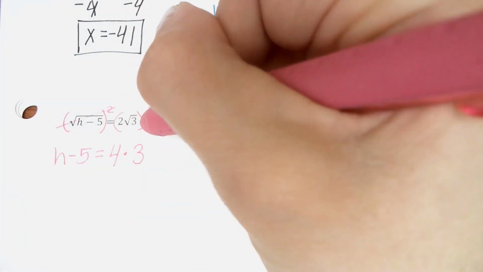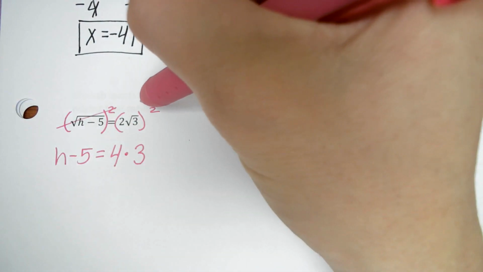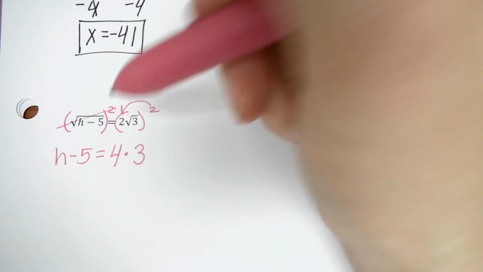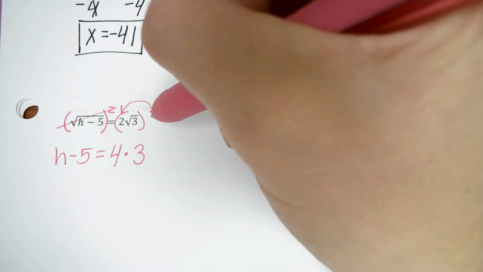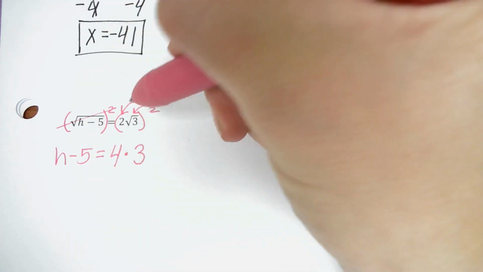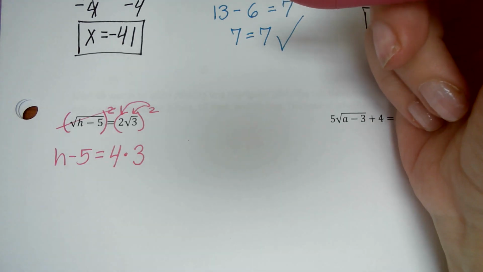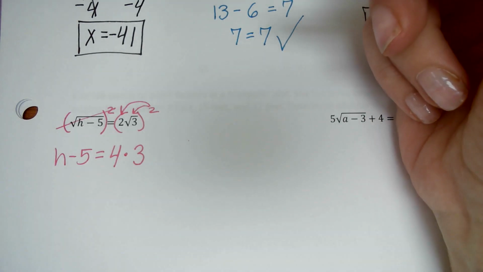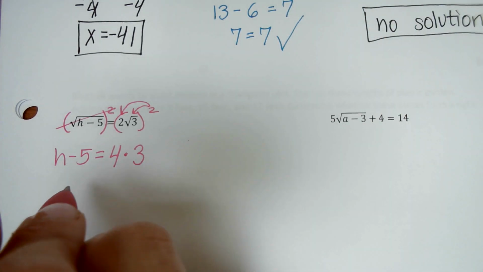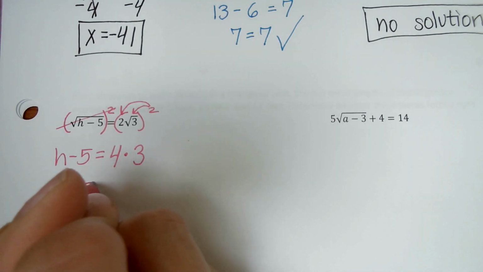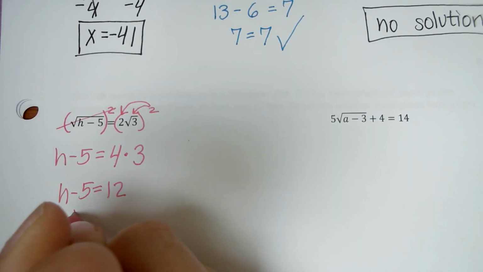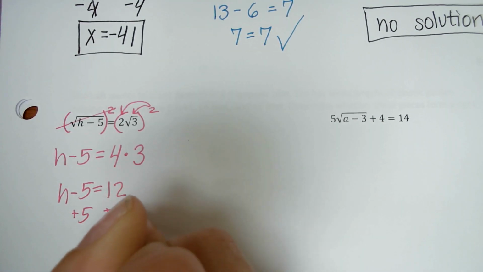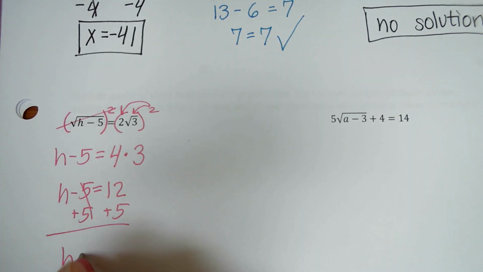So when we're squaring a radical expression, the number that's not inside the radical can be squared. The number that is inside the radical just kind of breaks free. It just eliminates the sign and leaves the number as it was. So we end up with h minus 5 equals 12. If we add 5 to both sides, h equals 17.